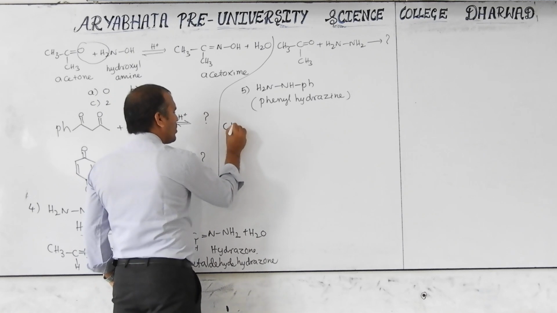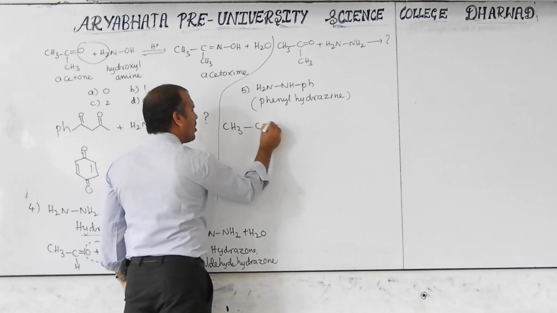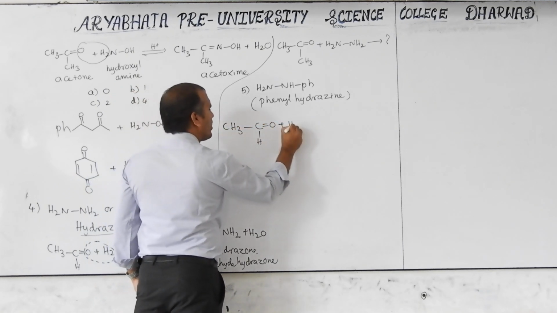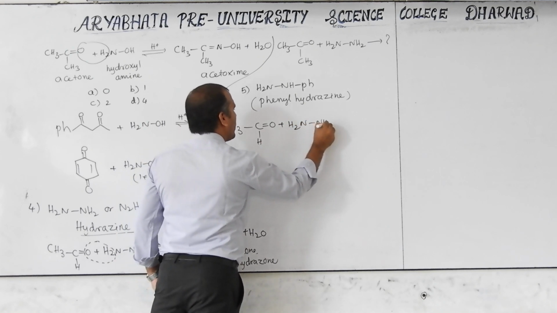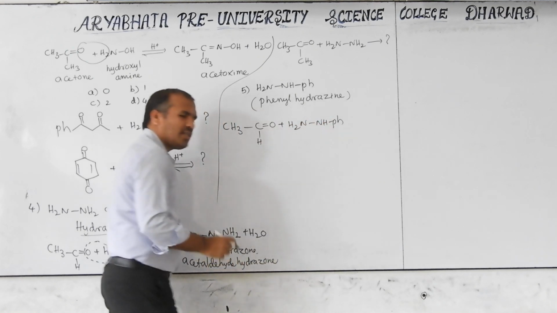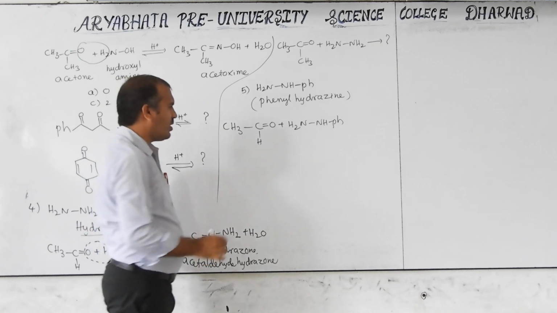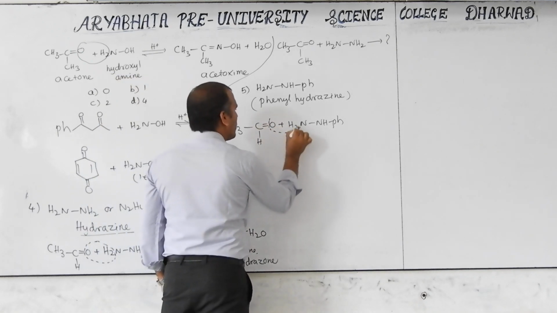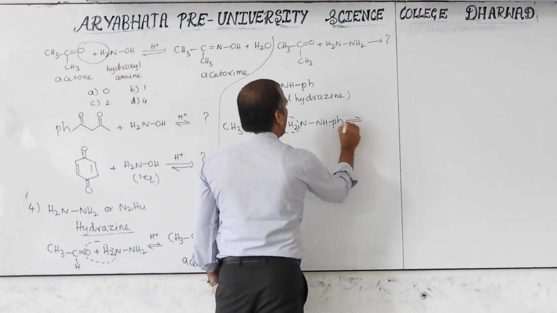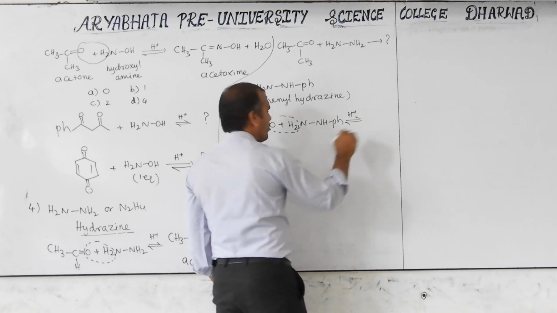Now take acetaldehyde, CH3C=OH, reacting with NH2NHPh, nothing but C6H5. Same here, a water molecule is lost in acidic medium.